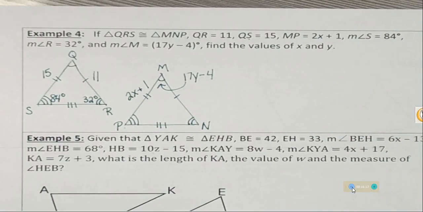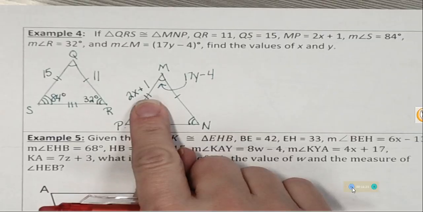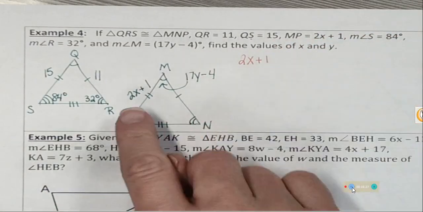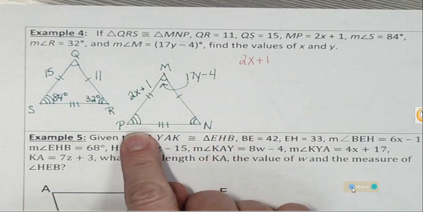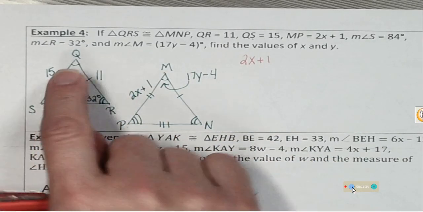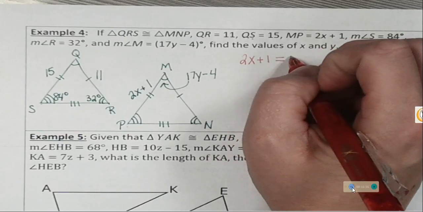All right, so my instructions say find x. So let me find every x that I have. This is the only x I have. So 2x plus 1 is on the side MP. MP is congruent to QS, and what do you know about QS? It equals 15.